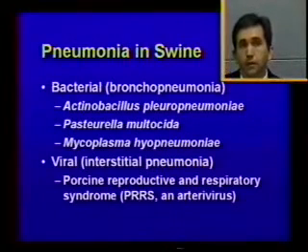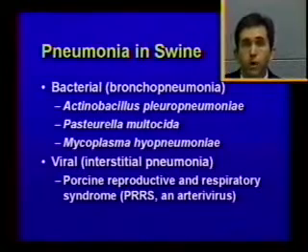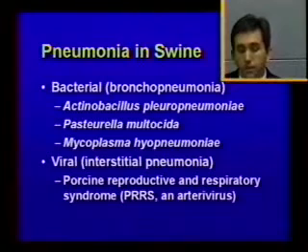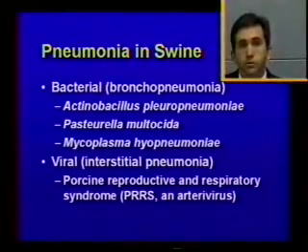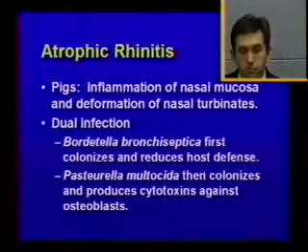So we're talking about an agent that targets pigs between 1 and, say, 8 weeks of age, more or less. This is found to be relatively prevalent in the United States and a very significant cause of economic loss in the swine industry.